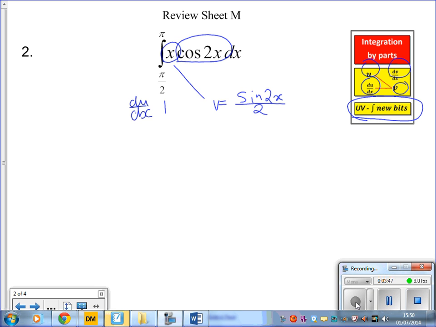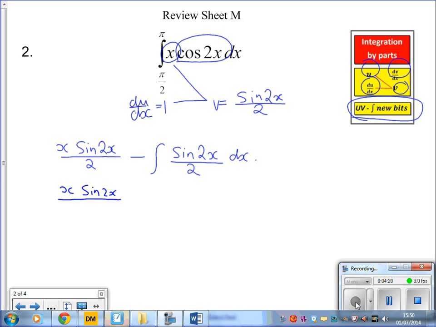So first of all, uv, x times by sine 2x over 2, take away the integral of the new bits. They're my new bits. So I've got 1 times by sine 2x all over 2. So now to integrate the second part, so this sine 2x over 2 there remains the same, take away.